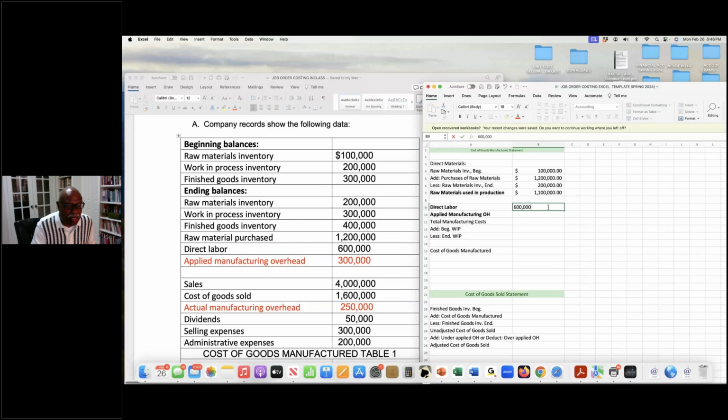And we always are going to use the applied overhead when we're doing this calculation. So the applied overhead was 300,000.